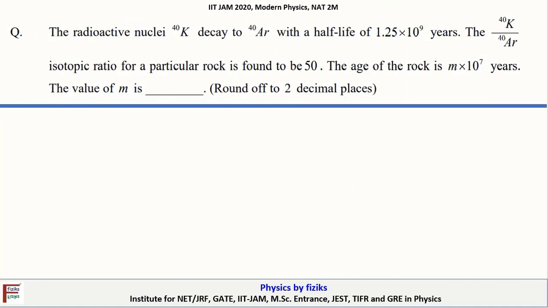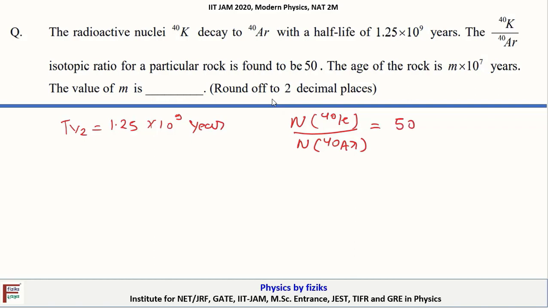The radioactive nuclei K40 decays to Ar having half-life T1 by 2 equals 1.25 times 10⁹ years. The isotopic ratio for the particular rock is found to be, in better form we can write this one, N of 40K divided by N of 40Ar equals 50.